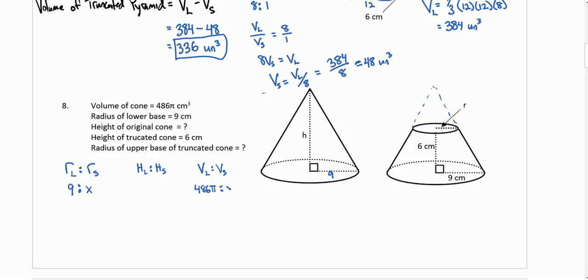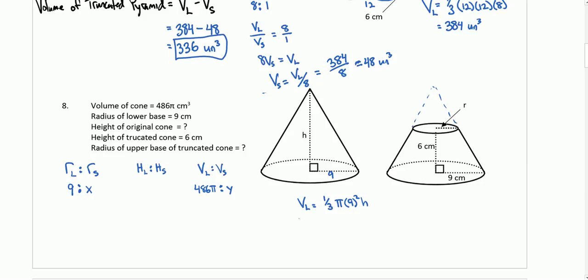We don't know the other, I'll call that y. But we do have a formula for the volume of a cone. So the volume of the larger one we know is 1/3 times the area of its base, which is pi times r squared, so 9 squared, times the height. And so that's going to give us the height of the larger cone.